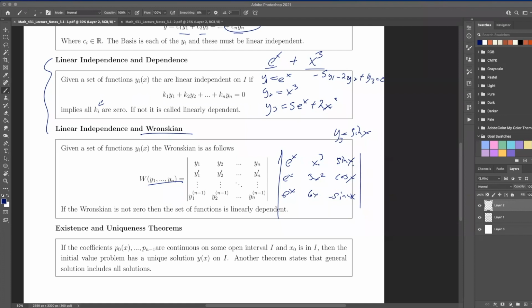Furthermore, this would be continuous coefficients. Okay, I think it's on x, correct. So here we're going to do the Wronskian and do the same thing. It talks about existence and uniqueness. Basically, if the coefficients are continuous in some open interval I, then the initial value problem has a unique solution. So not only does it exist, there's a unique solution.